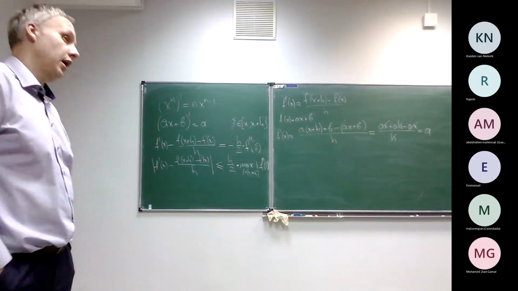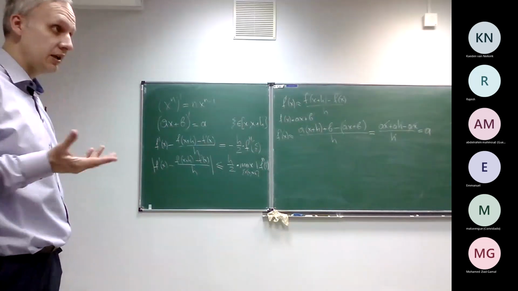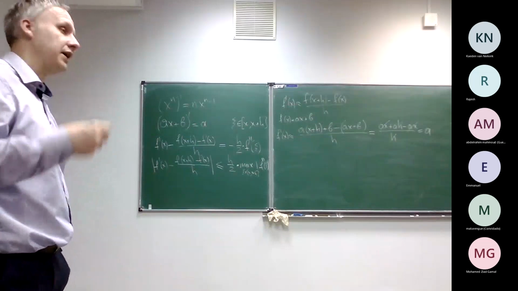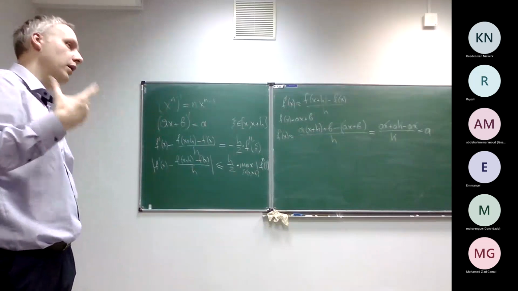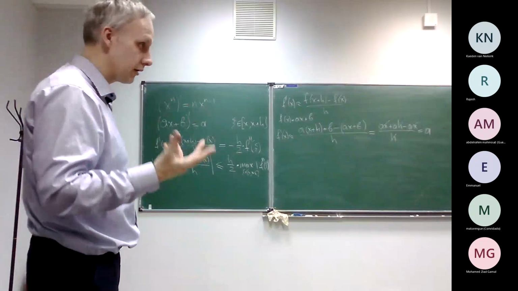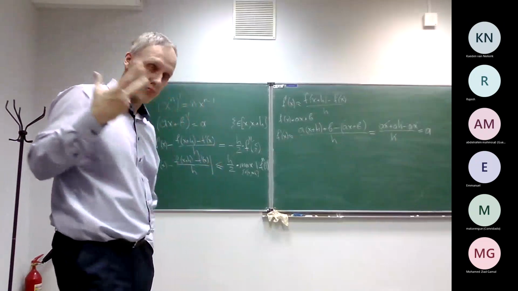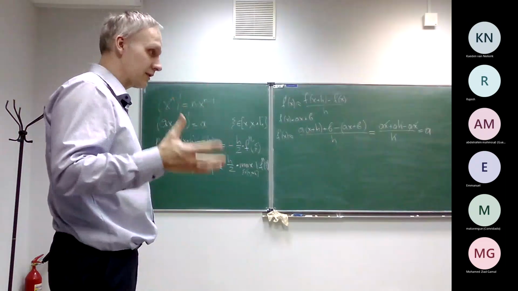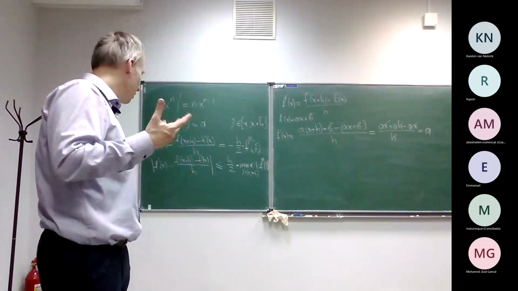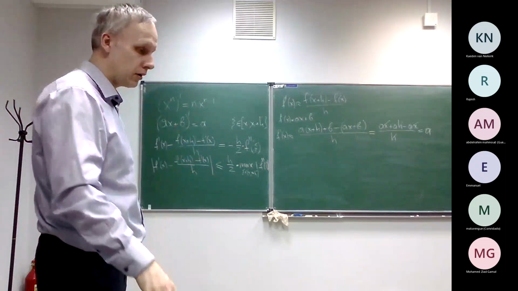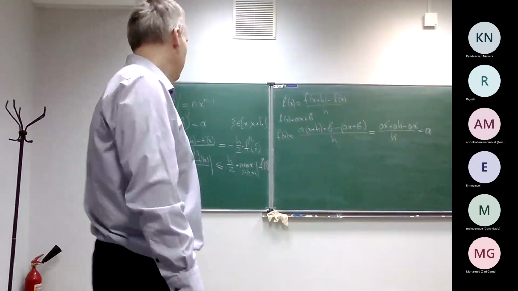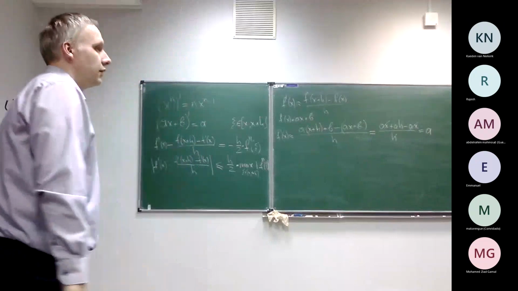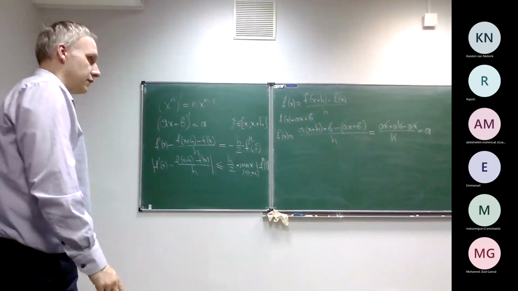And I think it's clear that if we take a smaller value of h, we get a more precise value of the derivative.